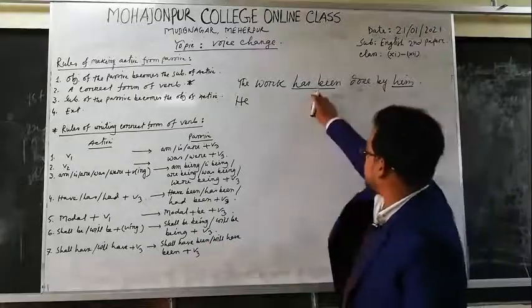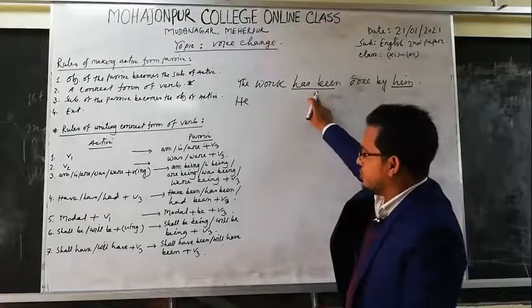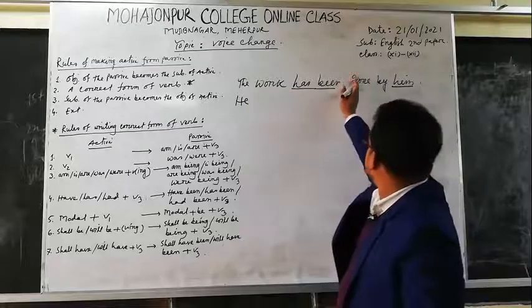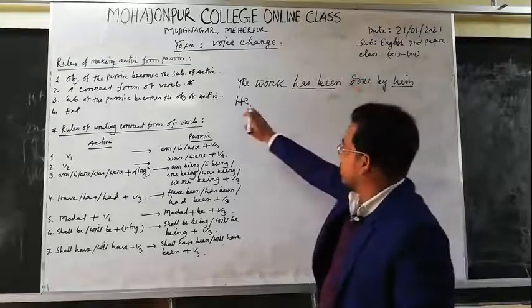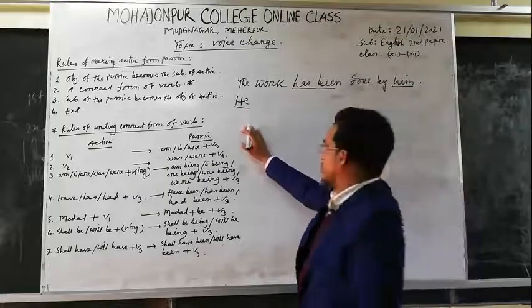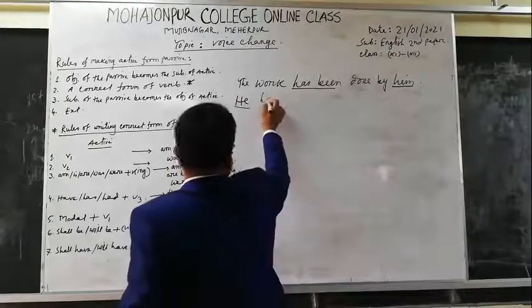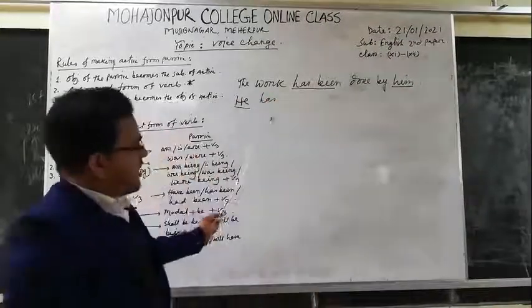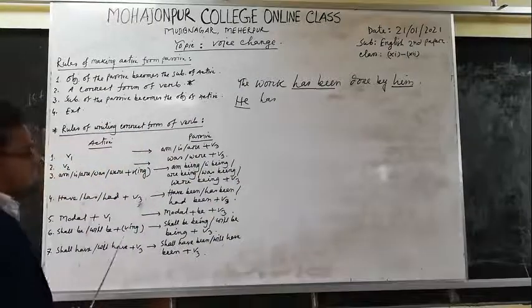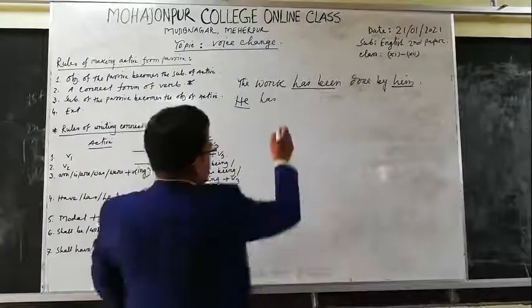So the he is third person singular, and so we have to use here has. He has, and the past participle form of verb here is done.